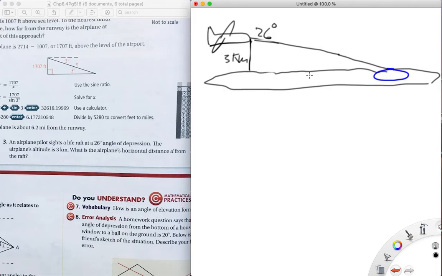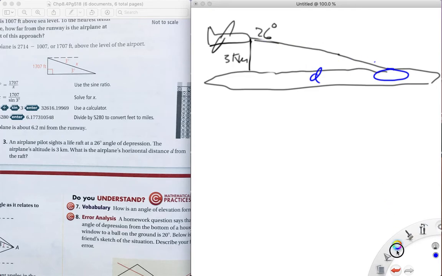So the horizontal distance D would be right here. So angle of depression, looking down. Vertical height, we have from this angle, can't really do anything, right?